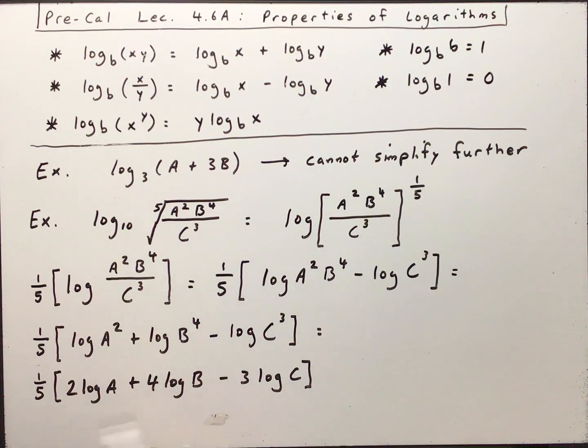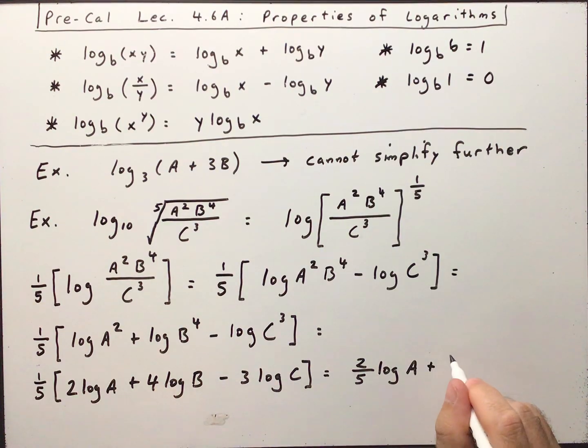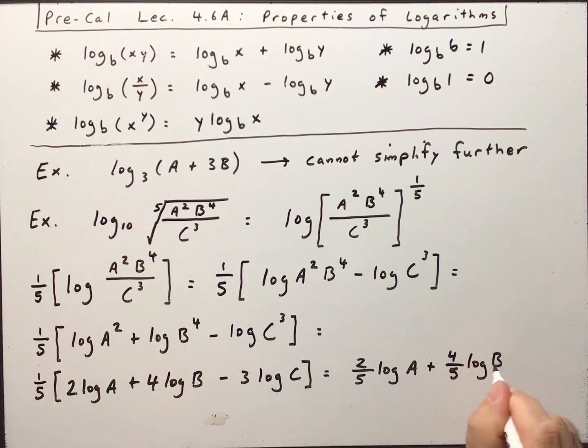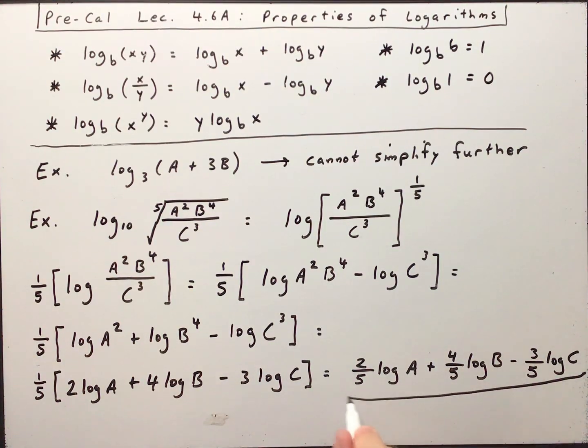Now finally, I will distribute the 1/5. So I have 1/5 times 2 would be 2/5 log a plus 4/5 log b minus 3/5 log c. And that's the best you can do. You can't do any more.